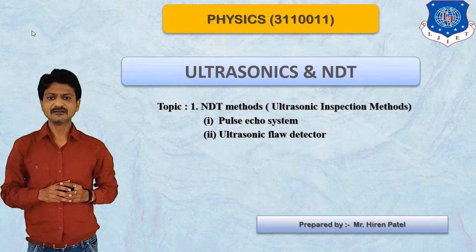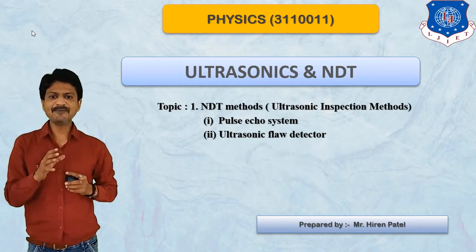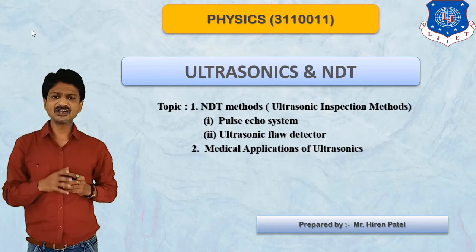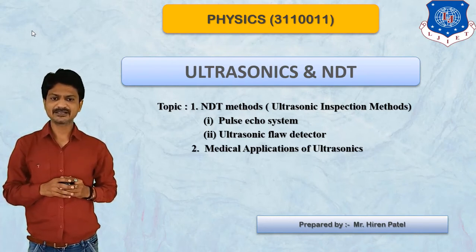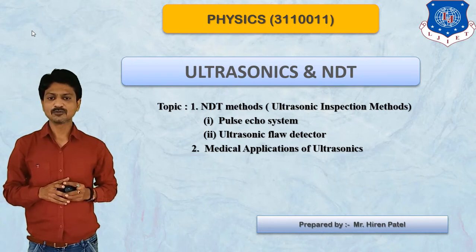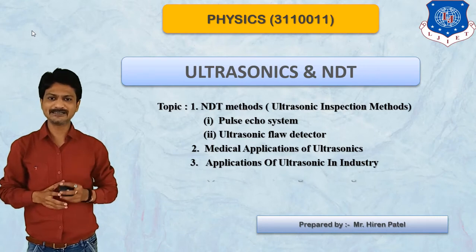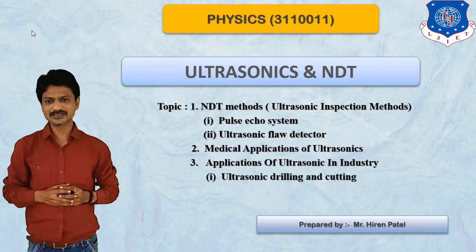And further, we will discuss medical applications of ultrasonic and applications of ultrasonic in industries. So let's start with the first topic of today's session, that is the pulse echo system.